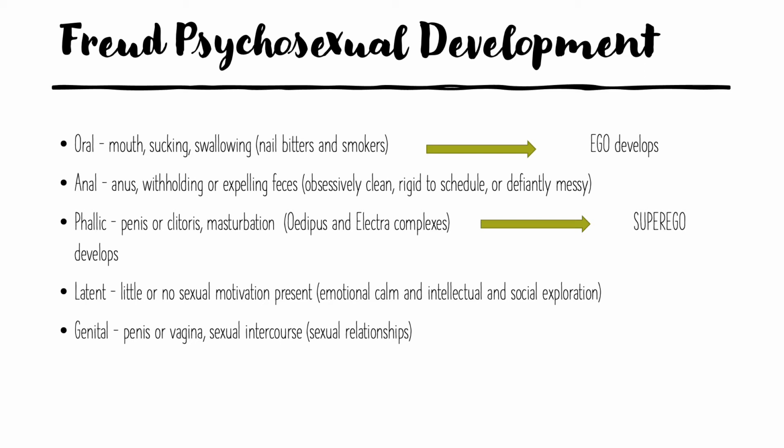The phallic stage focuses on the penis or clitoris, and it's about masturbation. This is when you hear about the Oedipus complex or the Electra complex. And this is the stage when the child is identifying with the parents and wanting to replace the parents.